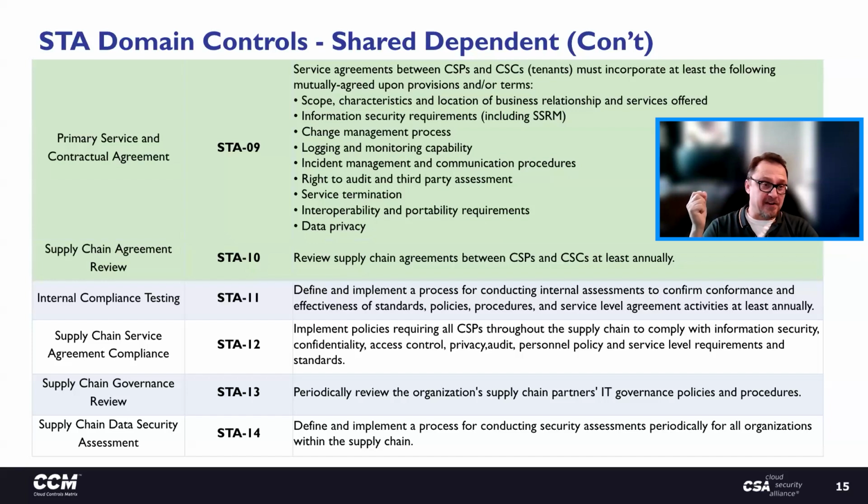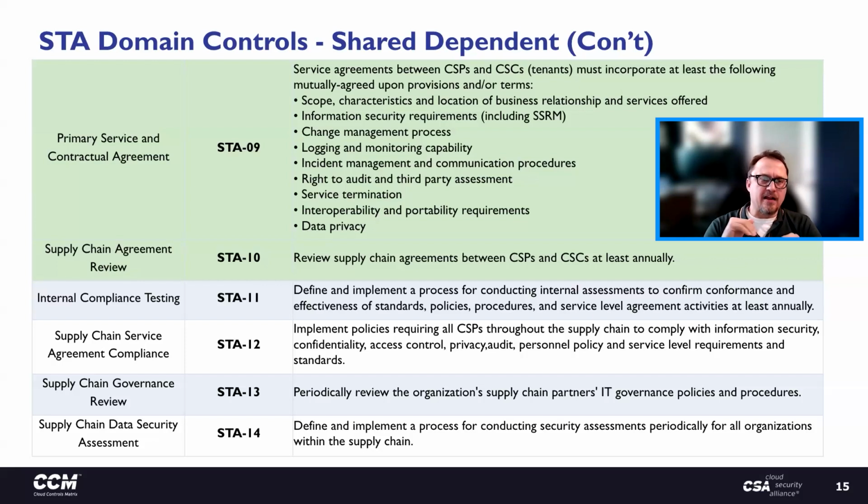And since it's in writing, legal advisors definitely need to be familiar with these cloud contracts. And if they need help with assessing the wording within those legal contracts, they can definitely look at the CCM's implementation guidelines, and that'll give them a better understanding of what the controls are trying to achieve. Let's take a look at STA 10 here, supply chain agreement review.